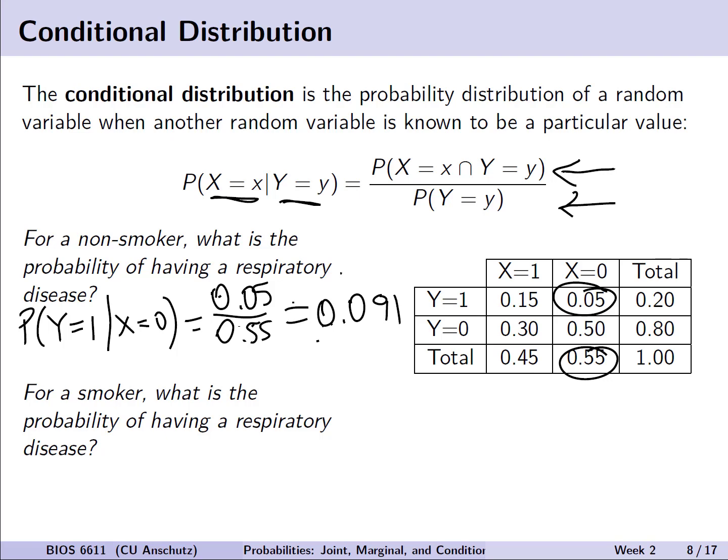Likewise, for a smoker, what is the probability of having a respiratory disease here? So we can put the probability of y equals 1 again, but now instead of x equals 0, we'll have x equals 1.